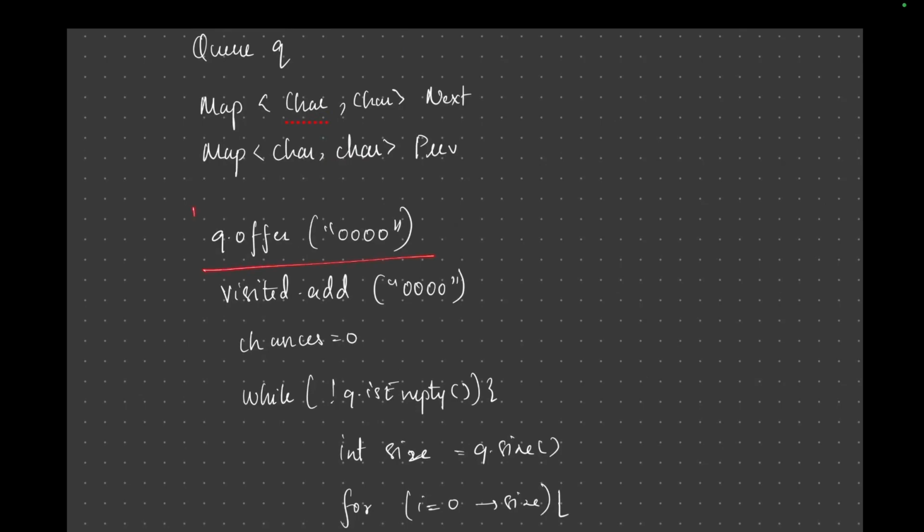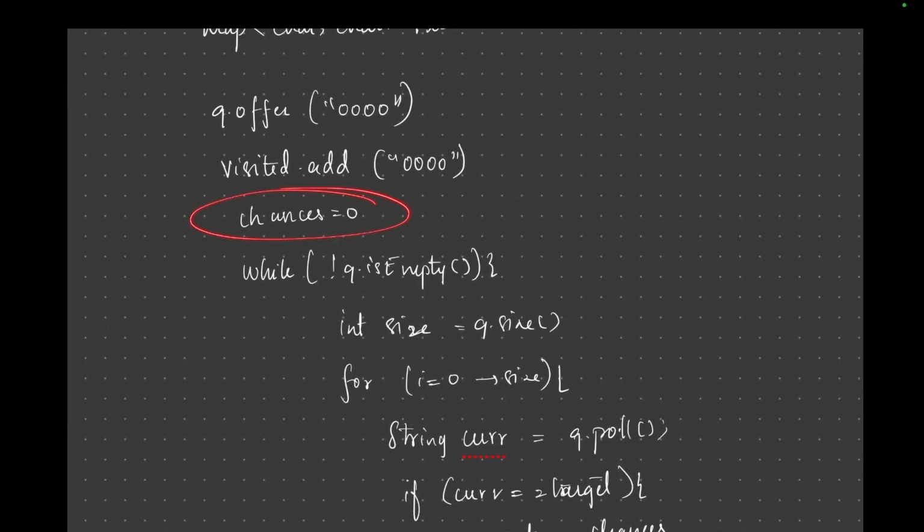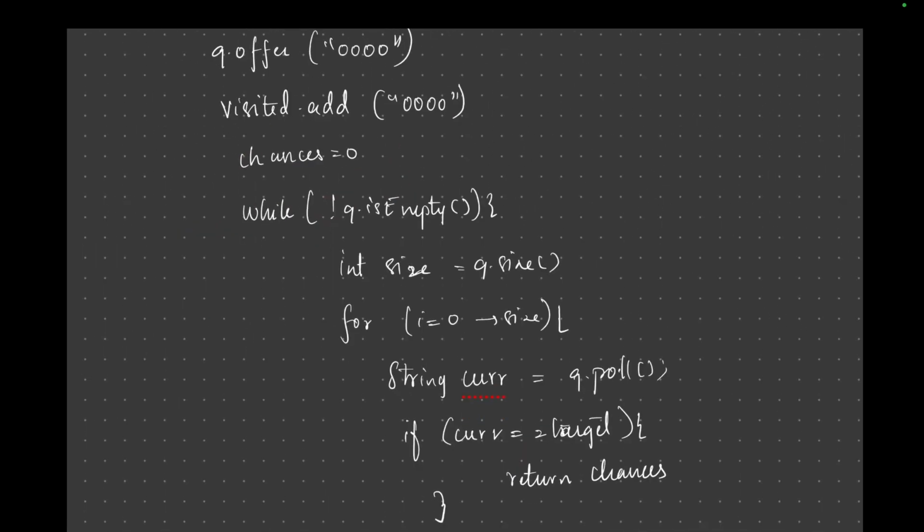So we'll offer the particular input, which is 0000, and similarly add it to the set. We'll initialize the chances to 0. The queue is empty initially, but you pushed your 0000, so the queue is not empty now. Until your queue is empty you will do this particular operation.